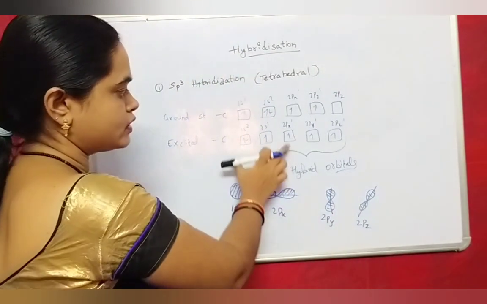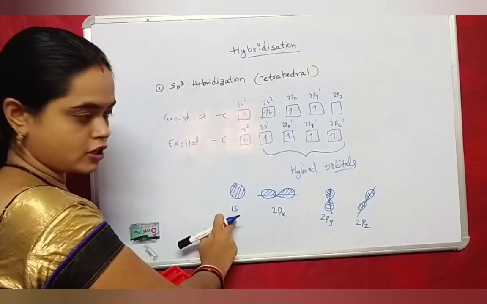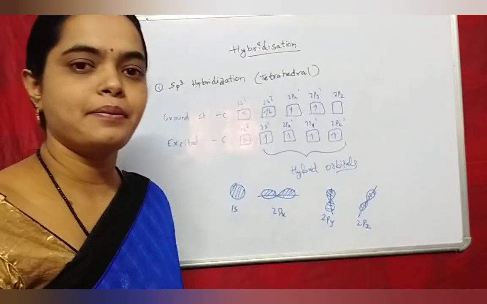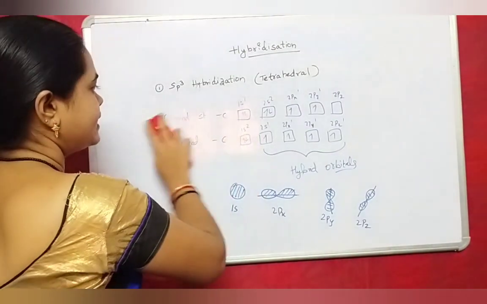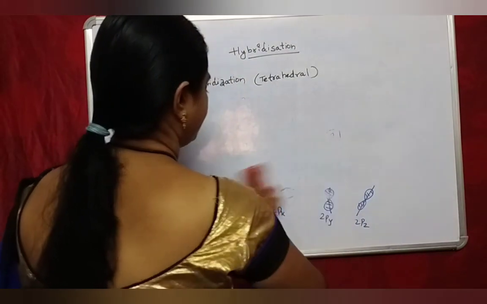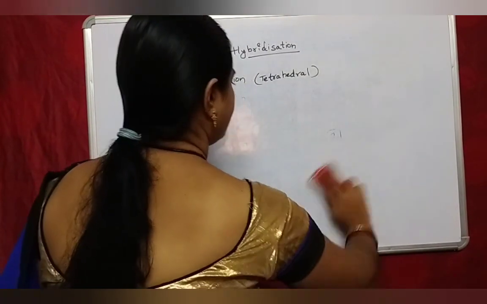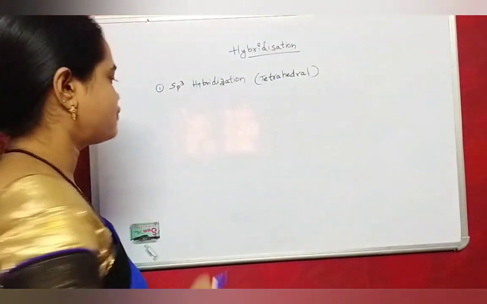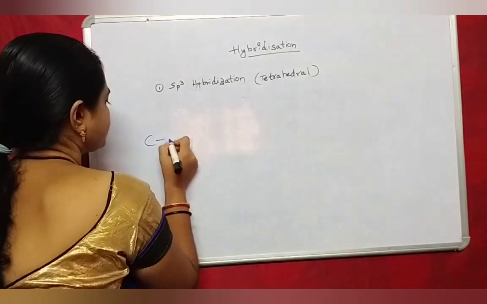These three p orbitals plus the s orbital, a total of 4 orbitals, participate in hybridization. Let's take an example. For sp3 hybridization, take CH4, methane.